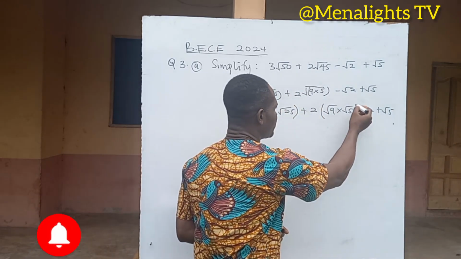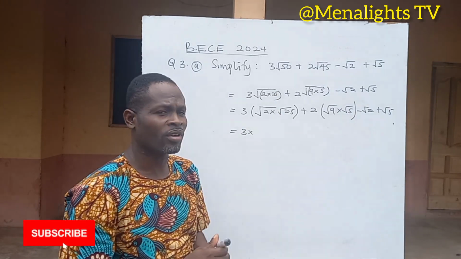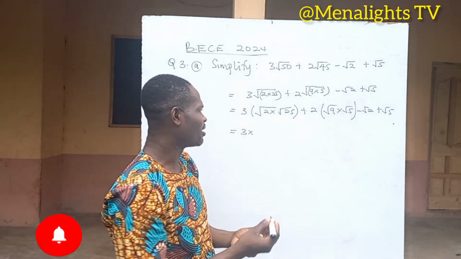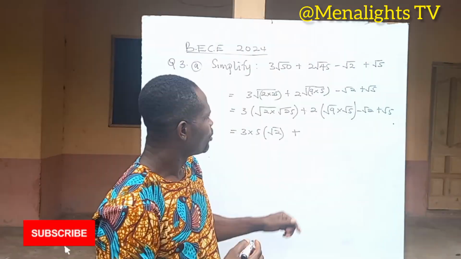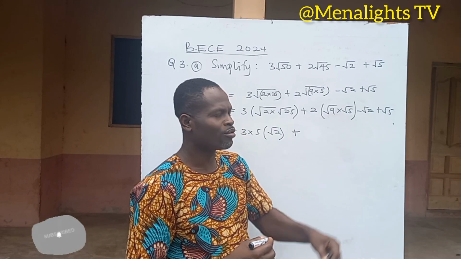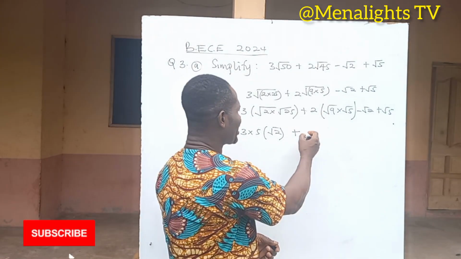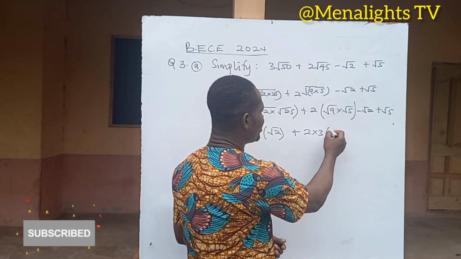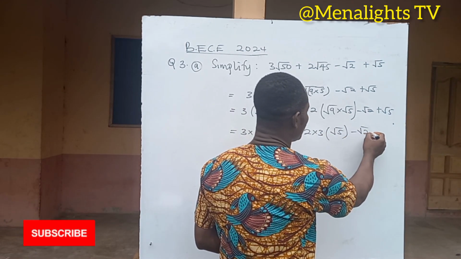So looking at this, we have the 3 times the root of 25 will give us exact value, which is 5. So 5, then into bracket the root of 2. So 2 times the root of 9 times the root of 5. So the root of 9 will give us exact value, which is 3. So here you can have 2 times 3, then into bracket the root of 5, then minus root 2 plus the root of 5.